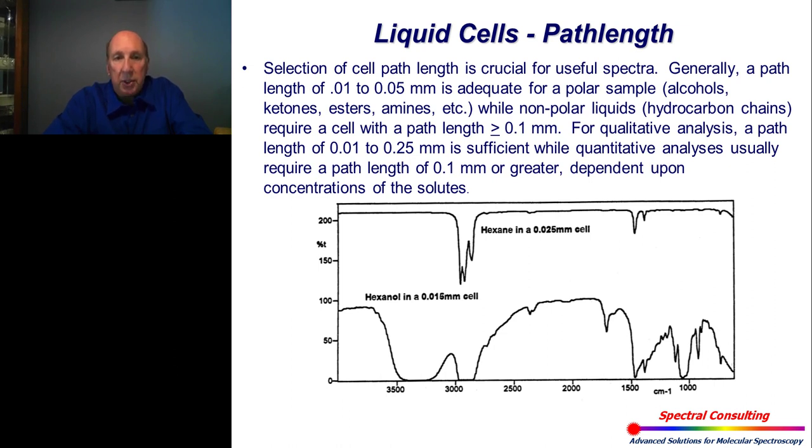The OH and the CH stretches are way off scale, as well as the CH and OH bending modes. So we want to make that cell even thinner, usually on the order of 0.01 to 0.005, or 10 and 5 microns.